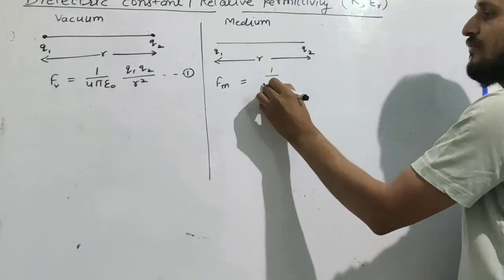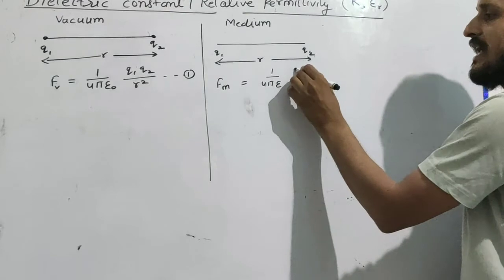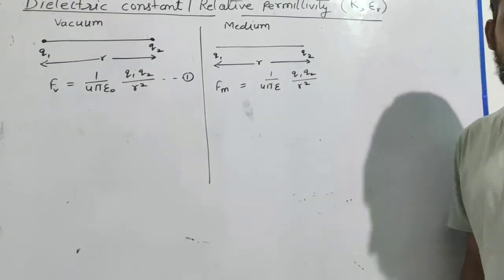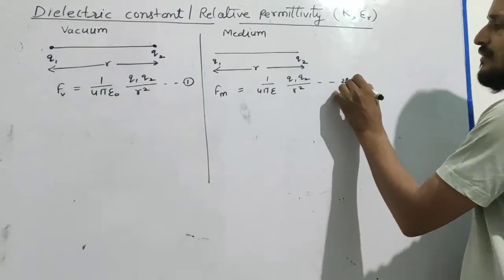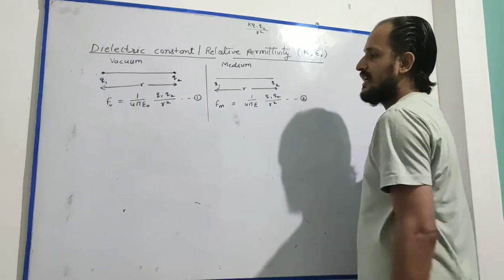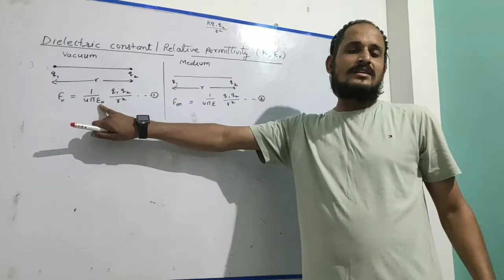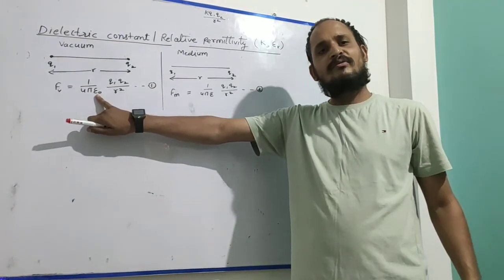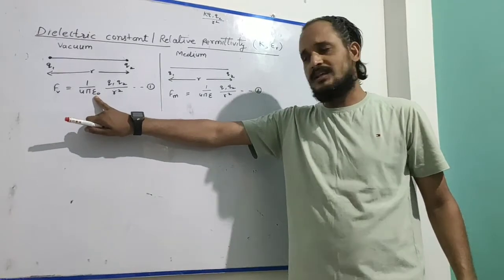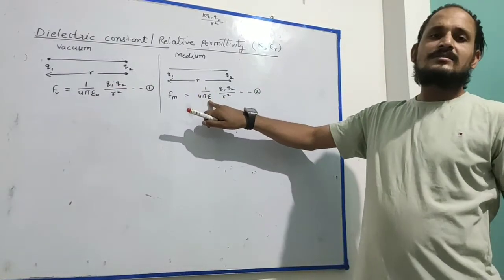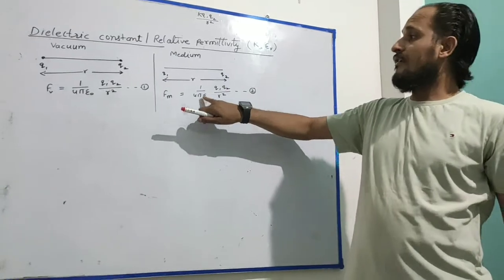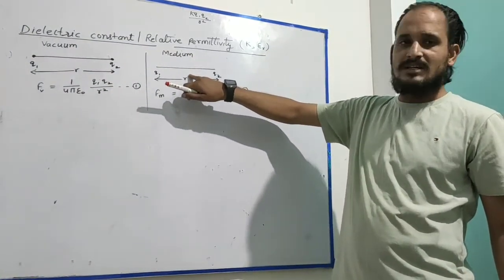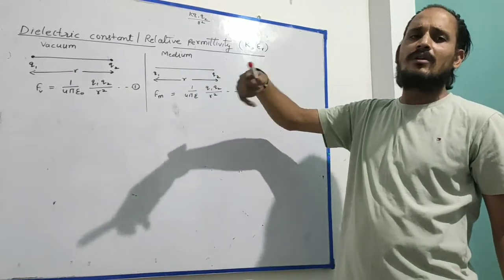It is equal to 1 upon 4 pi epsilon, q1 q2 upon r square. Equation number 2. See, epsilon naught is the absolute permittivity of vacuum or free space. Epsilon is the absolute permittivity of the medium, meaning whichever medium you keep these charges in, whether water or alcohol or any other.